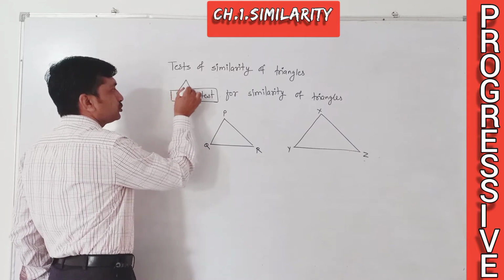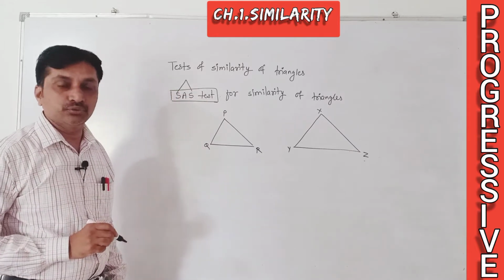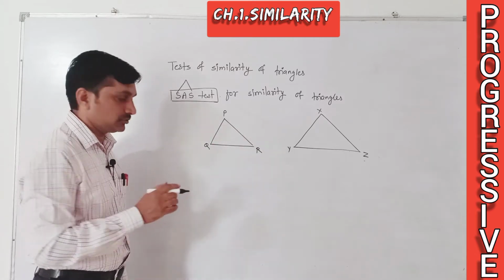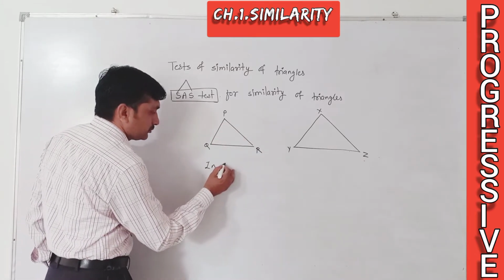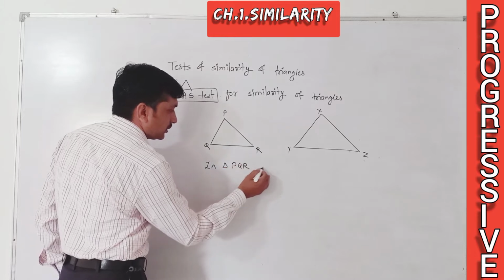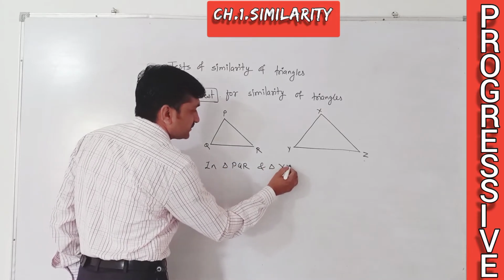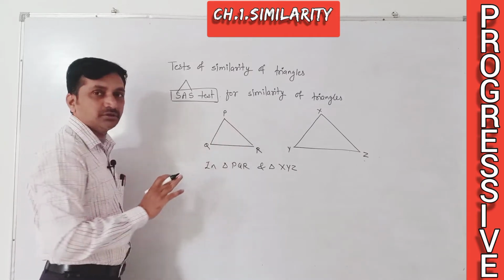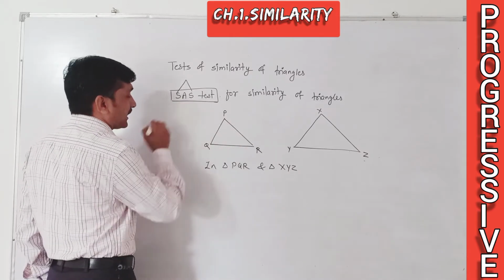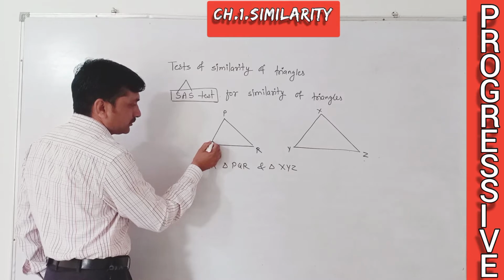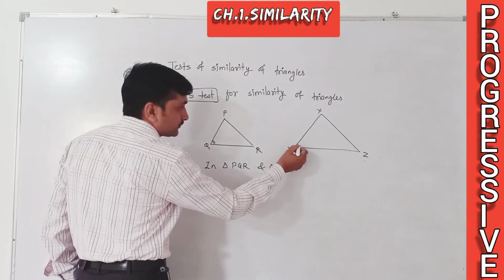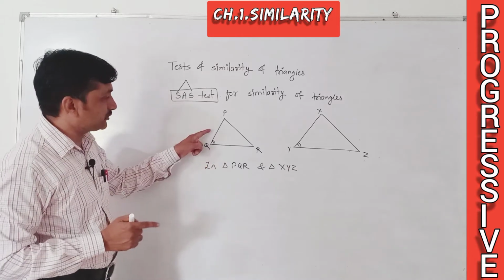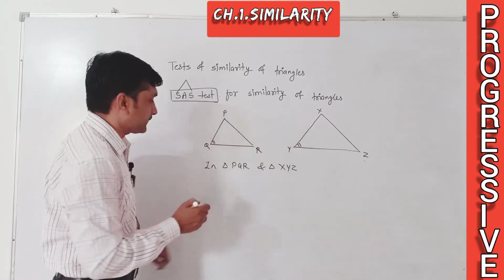In this name there are two sides. The two corresponding sides should be in proportion, and one angle, the included angle. If I take angle Q, then the sides with this included angle will be PQ with XY.